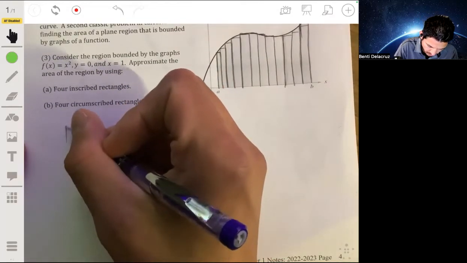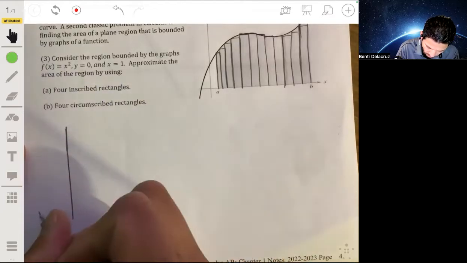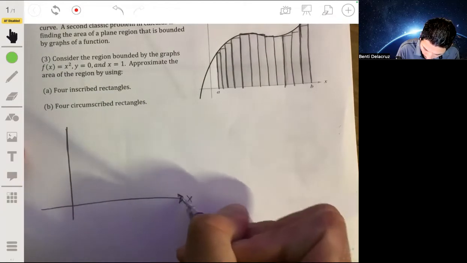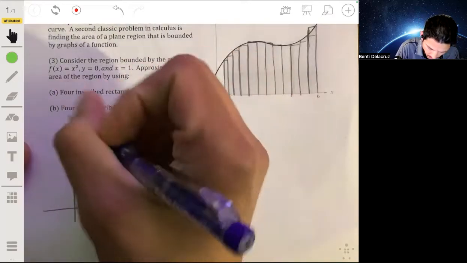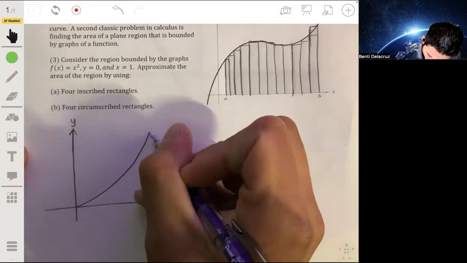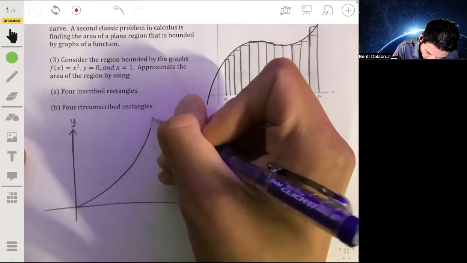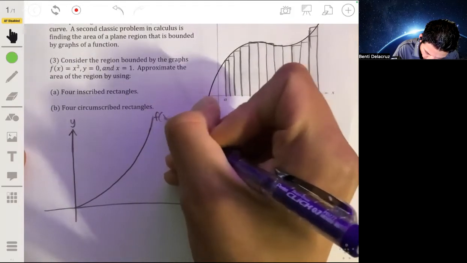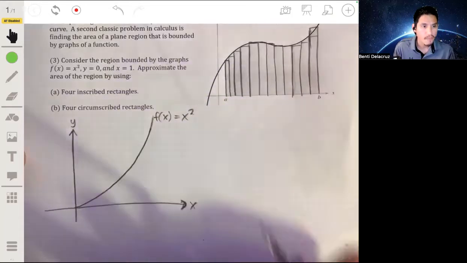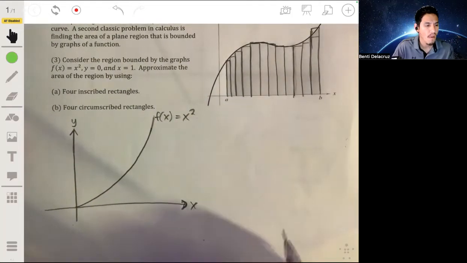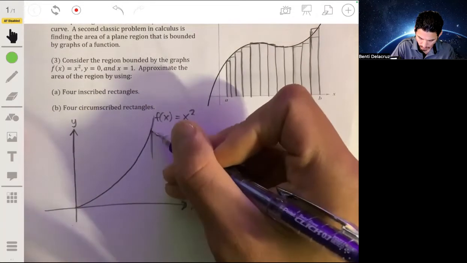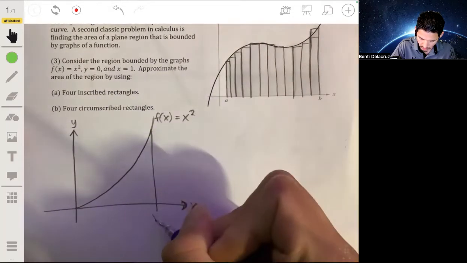Let's draw a reasonable sketch. I don't know if that's reasonable, but I'll have to do. Here's my function f of x equals x squared. And let's say this will be the line x equals 1.